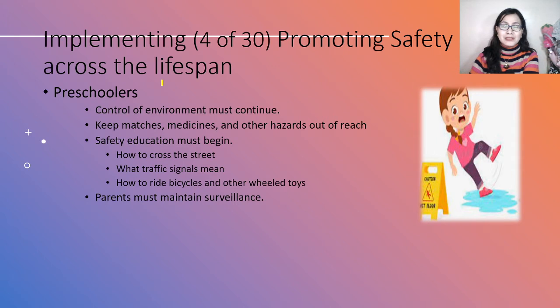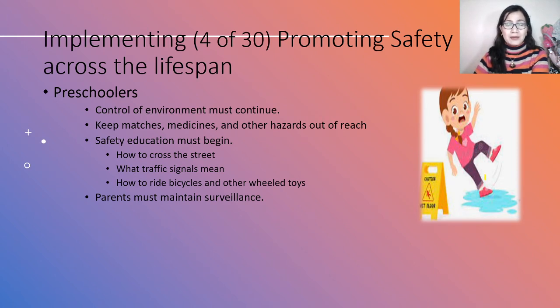How about the preschoolers? Preschoolers are also makulit in another sense. They are active and curious about so many things. They keep on asking why and why and why. And control of the environment must continue. For example, here in the illustration, the girl just slipped.